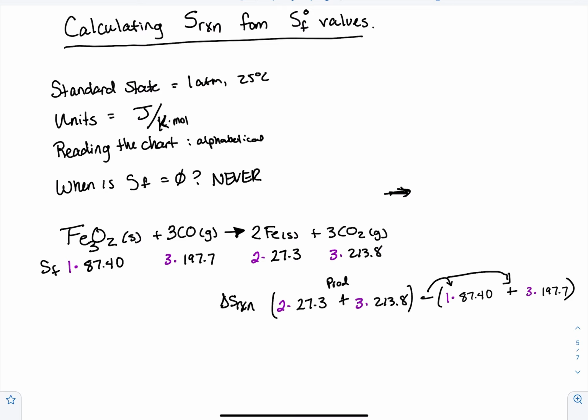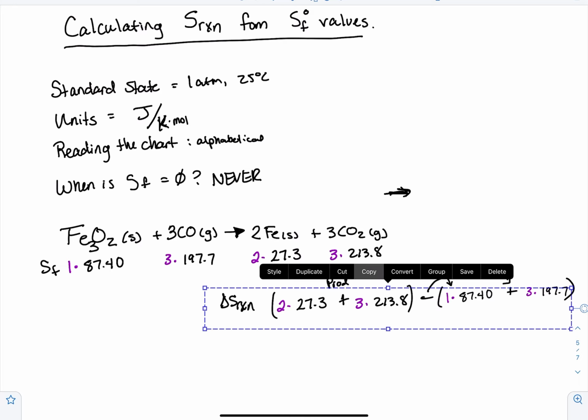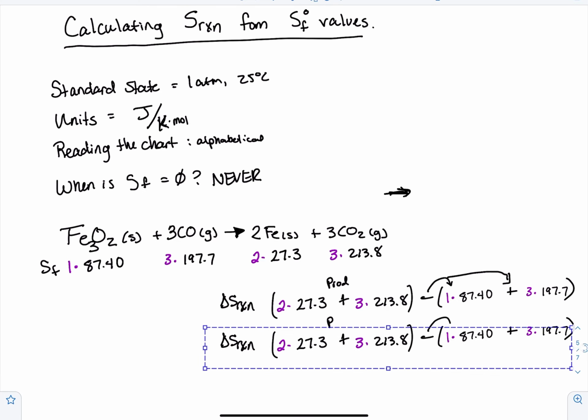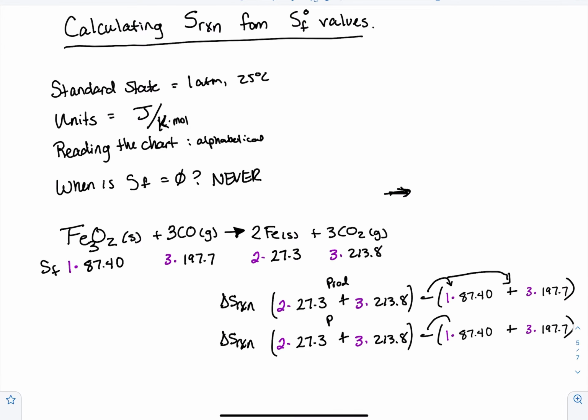So I'm going to go ahead on my next level of this and distribute. I'm going to make this right here negative, and this right here is going to become negative.